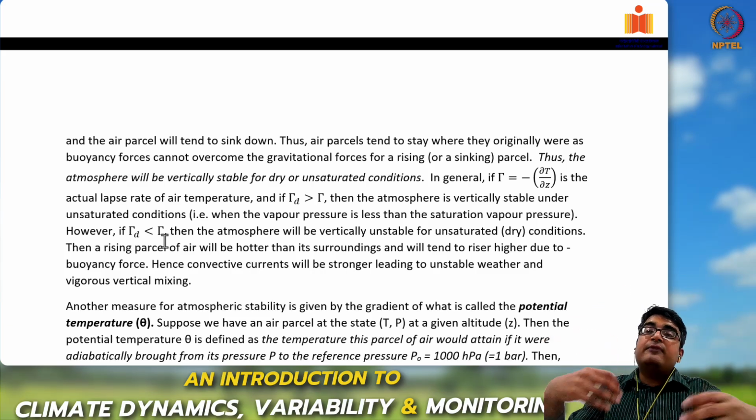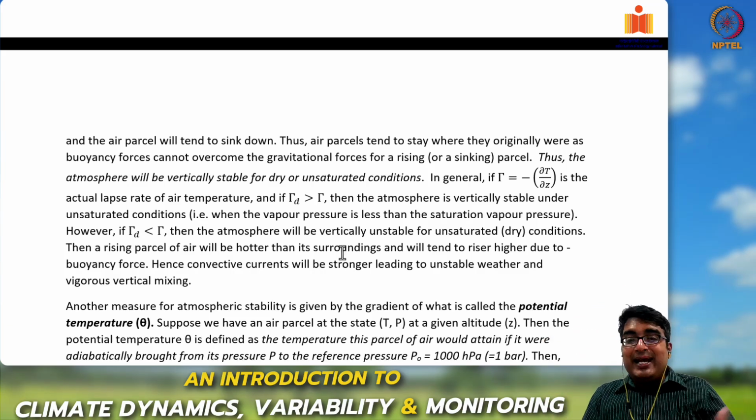So the buoyancy force will only increase. So in that case, you will have an unstable condition. So if gamma D is greater than gamma, then you have a stable atmosphere. If gamma D is less than gamma, then you have an unstable atmospheric condition, and convection currents can sustain themselves. And this is for the dry air case.